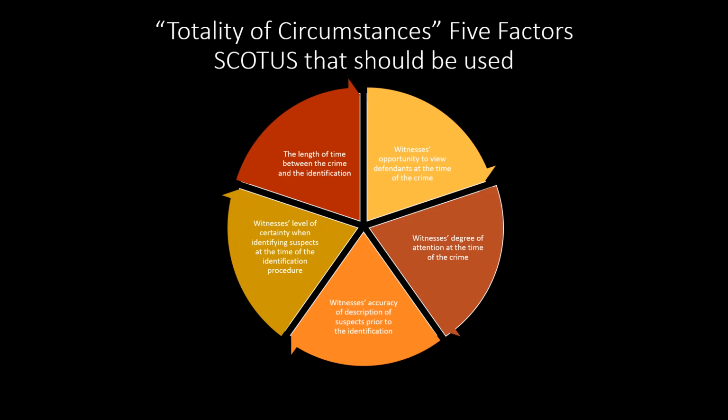If you think about that, if you get up at 4 in the morning to get a glass of water, go to the bathroom or something, and you see a stranger walking in your house dressed in a mask, boy, it's got your attention. The fourth thing is, what's your accuracy prior to the identification?